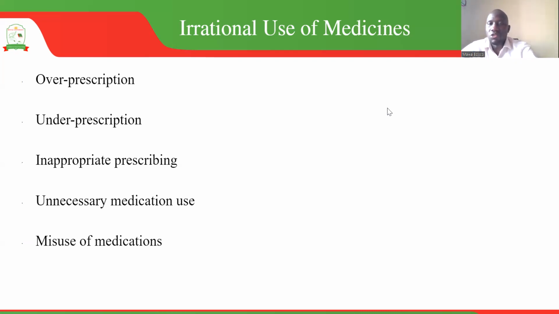Sometimes it can be an issue of under-prescription. Or the prescription is not for the right condition. That is inappropriate. And then also, the drugs are prescribed for the right reason, and perhaps someone else also uses those same drugs for another reason that is not appropriate. So they can be misused.